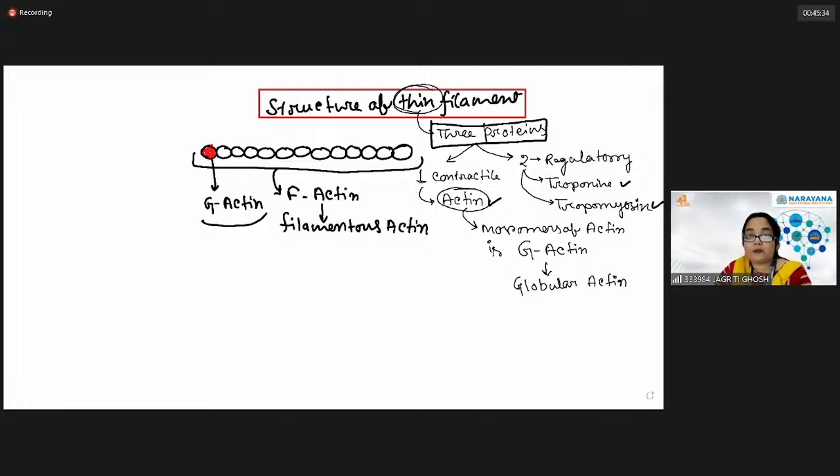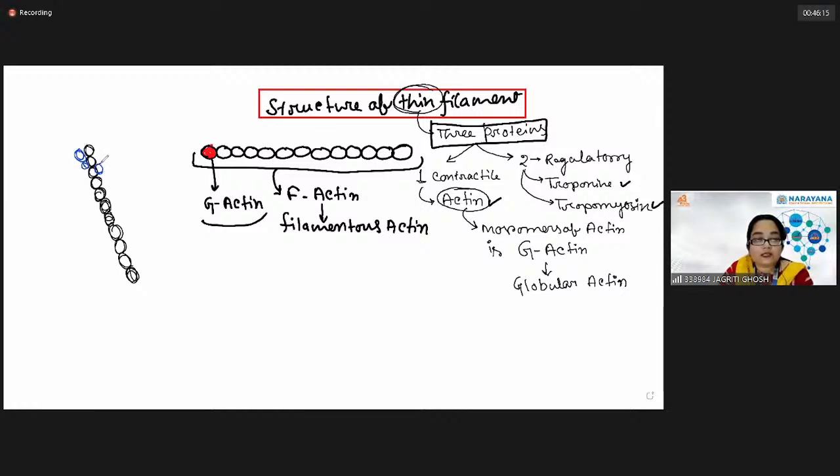First, F-actin doesn't stay alone. Suppose this is a chain of F-actin. A chain of F-actin is always combined with another chain of F-actin.